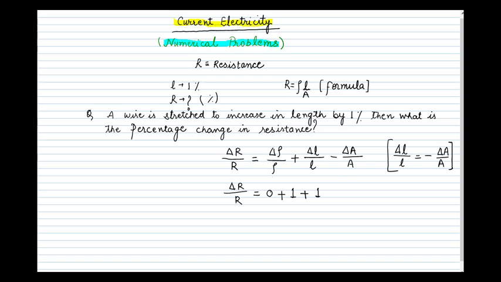So change in resistivity is 0, change in length is 1%, and due to the change in length, the change in cross section is also 1%. So the percentage change in resistance is 0 plus 1 plus 1, that gives us 2. You can simply write that the change in resistance in percentage is 2%. So 2% is the answer we were looking for. This numerical is now done.